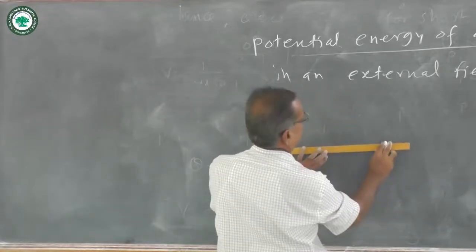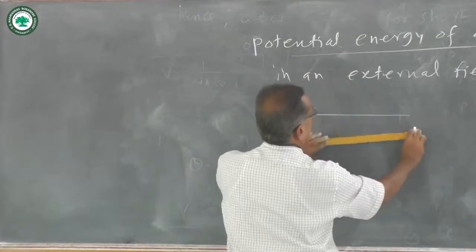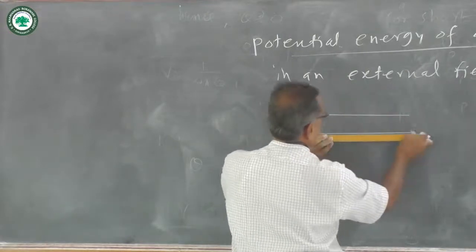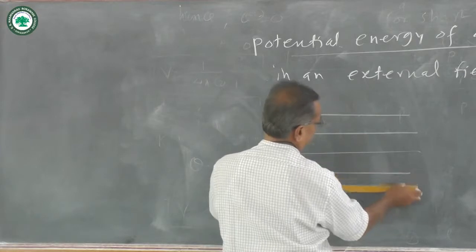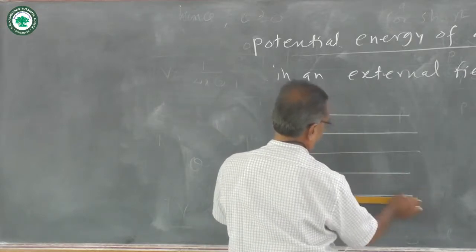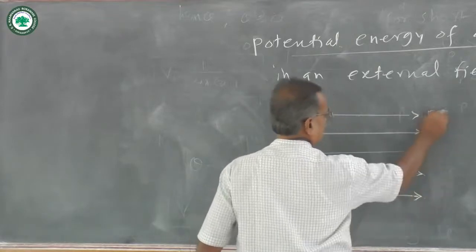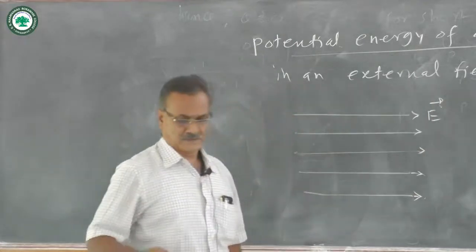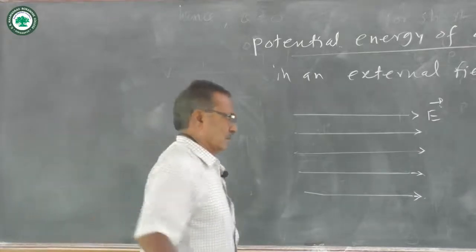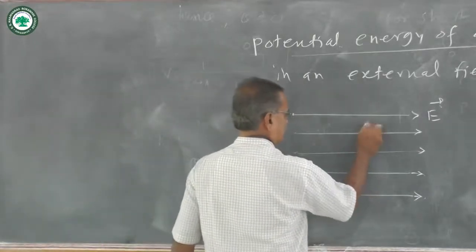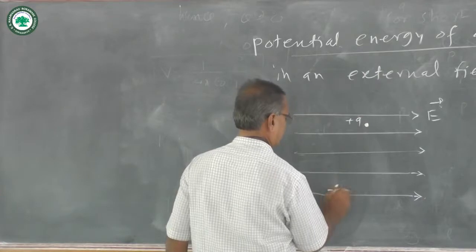Suppose this is an external electric field. In this external electric field, we will consider two poles, plus q charge and minus q charge.